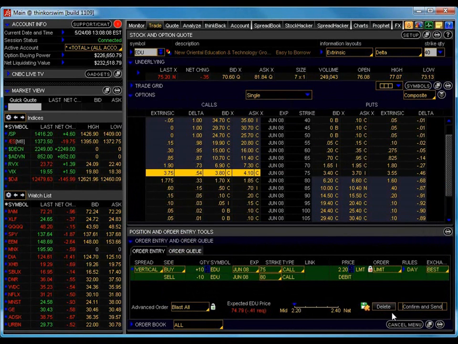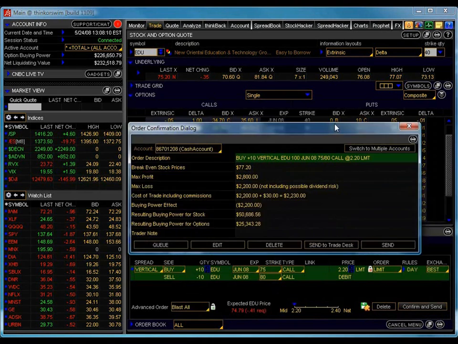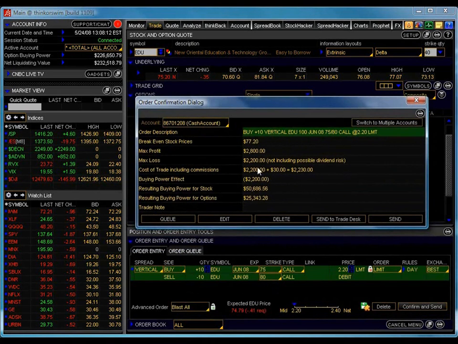If we bought this at the mid price, we have shaved $200 off the price of our spread, and now our profit is $2,800. Our maximum loss is only $2,200, which is the cost of the spread, plus the commissions, or $2,230.